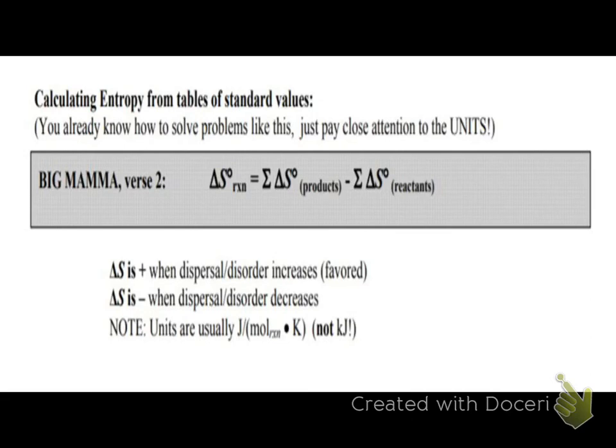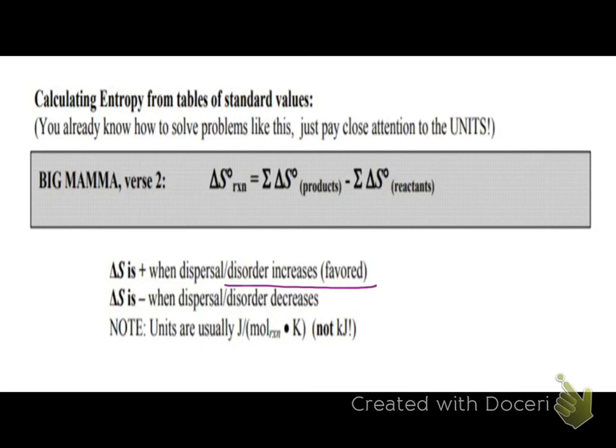So, calculating entropy, we know these standard values. Just pay close attention to the units, like I just said. We already said this a while ago, but whenever delta S is positive, disorder is increasing. It's kind of funny because we're thinking of disorder increasing and disorder decreasing, which means it's more ordered, so you have to get that straight in your mind.